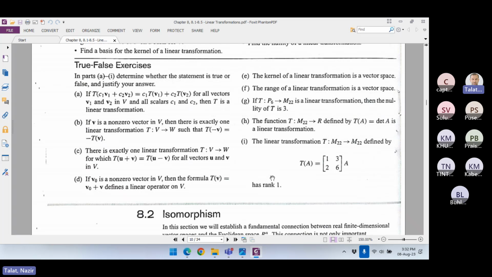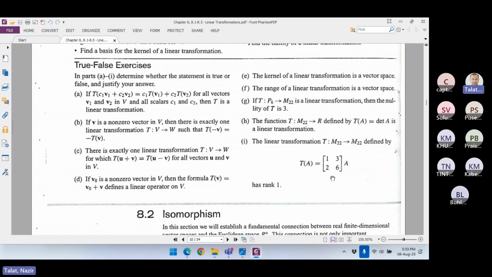The rank means the number of non-zero rows in echelon form. Here rank is 1 because if we multiply the first row by 2 and subtract it from the second row, then the second row becomes 0. So the rank is equal to 1, and this statement is true.